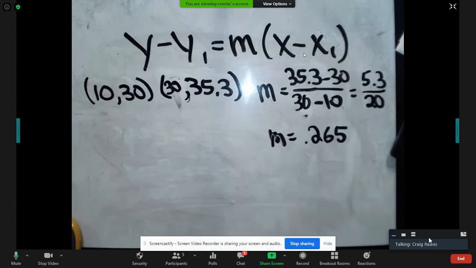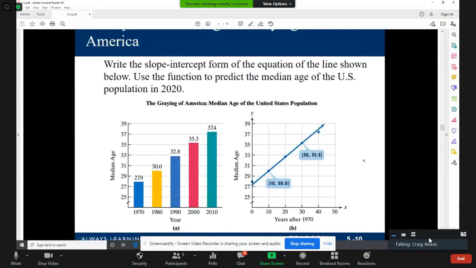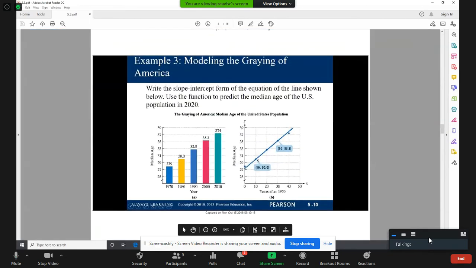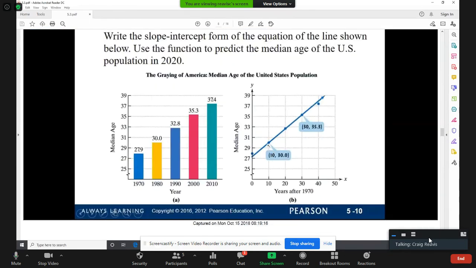Now, what does that 0.265 mean? Let me make sure I've done that correct. All right. What that means is every year, the age is going up by 0.265 years.